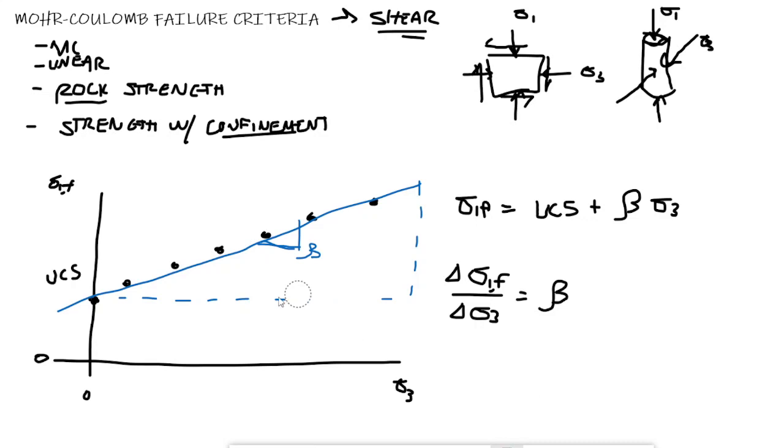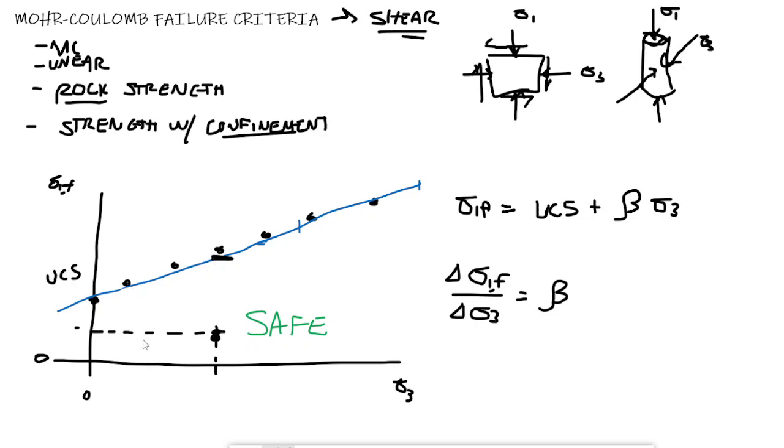Okay, and then really the practical implication of this, if we clean this up a little bit, you would say that anything below this line we are predicting to be safe. And we could calculate a safety factor by taking, if we have a point here, say that's the point we're analyzing, then we look at the ratio between the sigma 1 we have here and the sigma 1 that would be expected at failure up here, right?